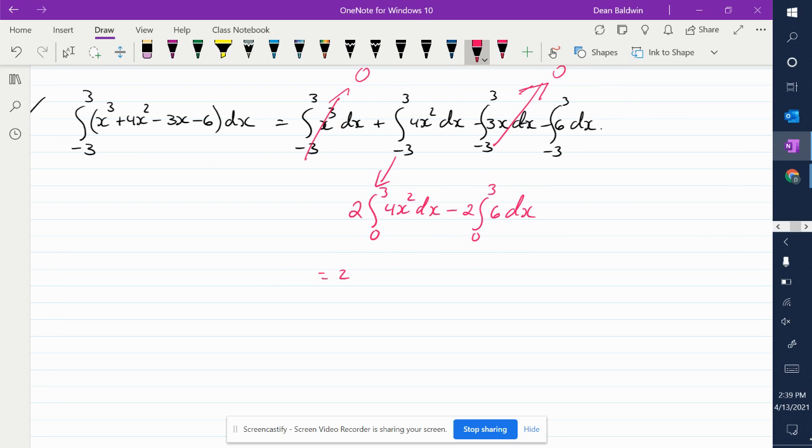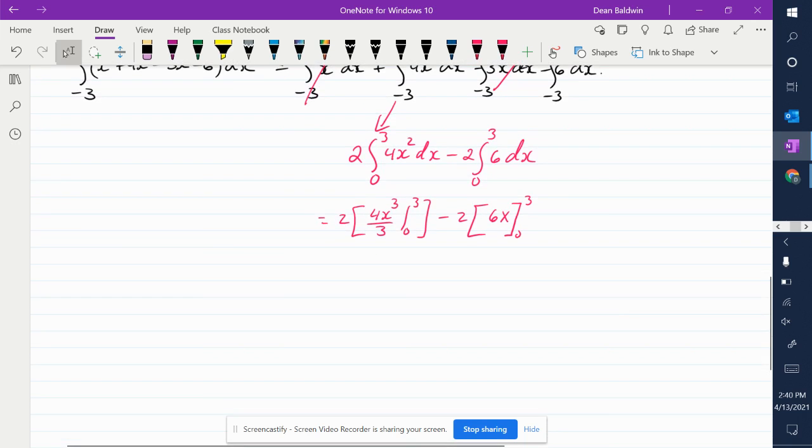So it's 2 times 4x squared becomes 4x cubed over 3, from 0 to 3. 6x from 0 to 3. I'll let you decipher that.